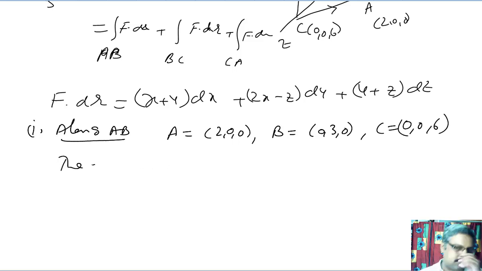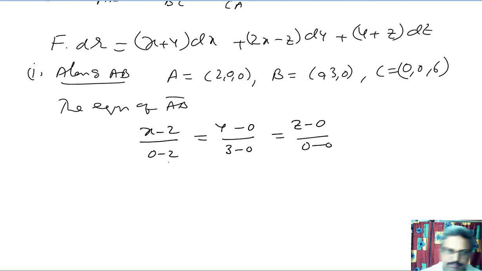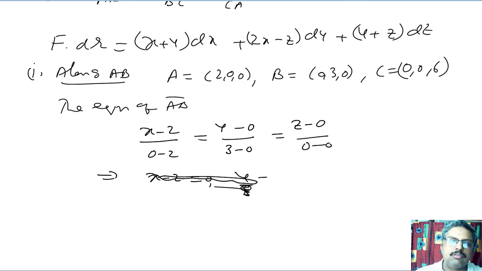Along AB, what is the equation of the line AB? The formula is very simple: x minus x1 by x2 minus x1, y minus y1 by y2 minus y1, z minus z1 by z2 minus z1. Equating the first two.